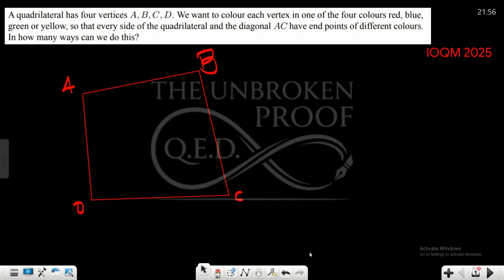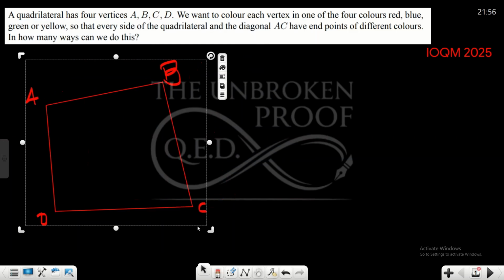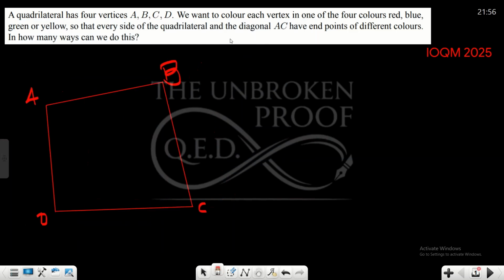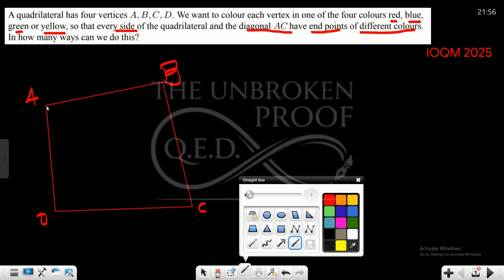And they are saying that each vertex has to be colored in these 4 colors red, blue, green or yellow, so that every side and diagonal AC should have endpoints of different colors. So now we have to connect AC as well, diagonal AC.